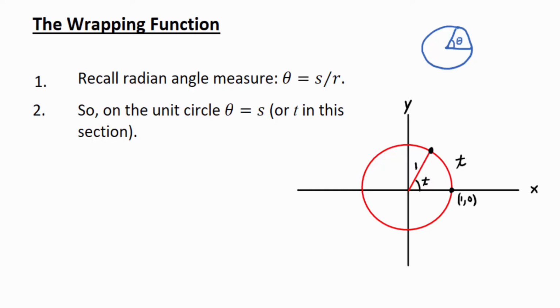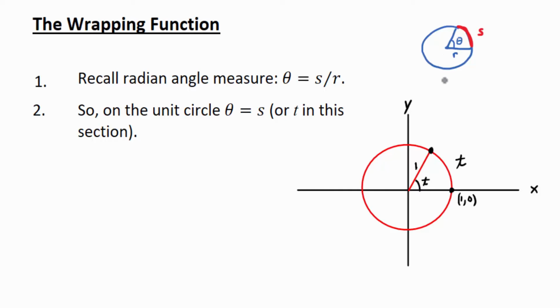The crust of the pie is your arc length, S, and in this section we're going to actually call it T, but in the last section we called it S, and then R is the radius.